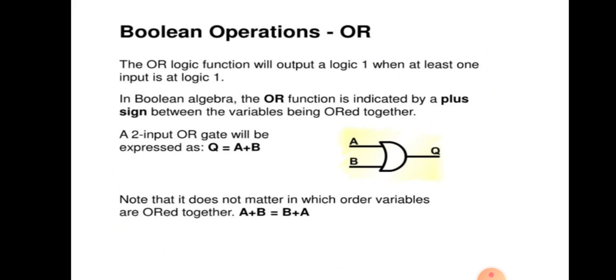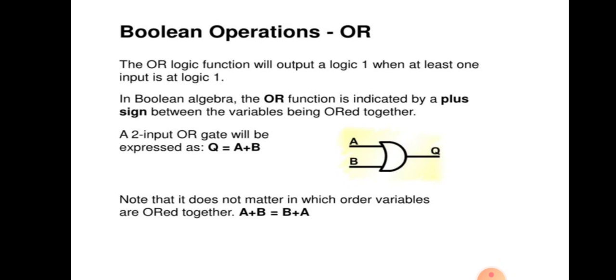Now let's move towards the Boolean operation OR. The OR logic function will output a logic 1 when at least one input is at logic 1. In Boolean algebra, the OR function is indicated by a plus sign.